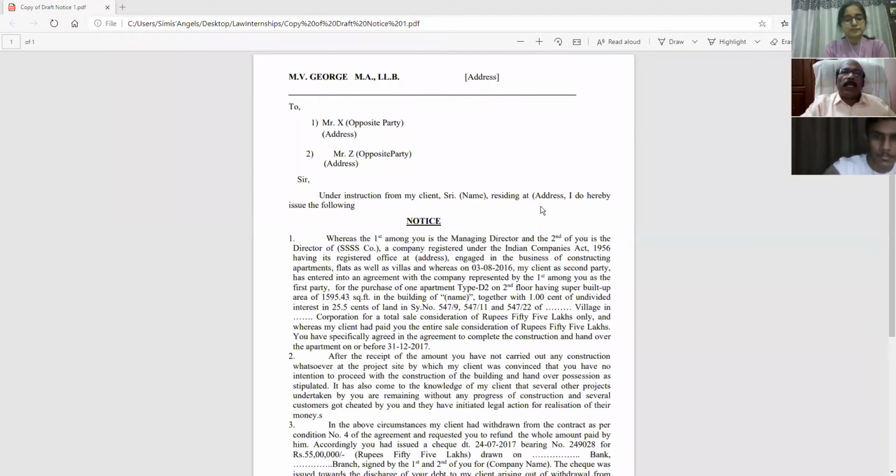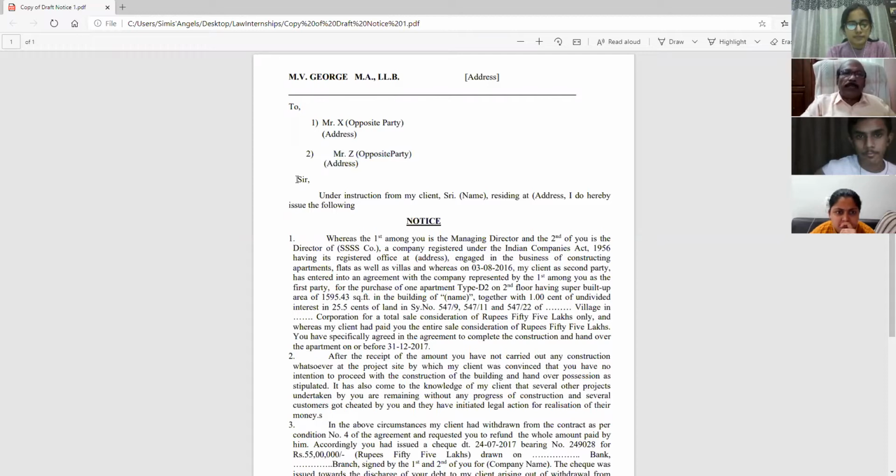Look at the particulars. At the top, you will find the name of the advocate. Then the full address has to be stated there. Then it is addressed to whom, with the full particulars. If there is more than one party, you can number them serially, 1, 2.